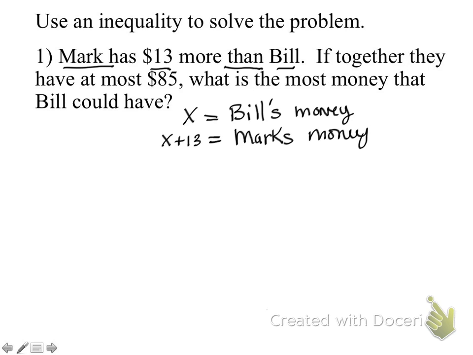Okay? Now they're telling us together. So what do I have to do to that? Yep, Alex? X plus X plus 13. And then it says, if together they have at most $85, what symbol am I using, Charlie?